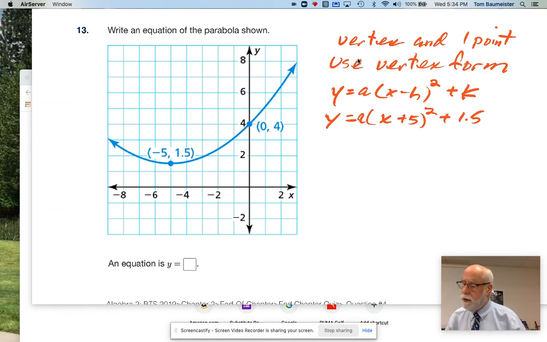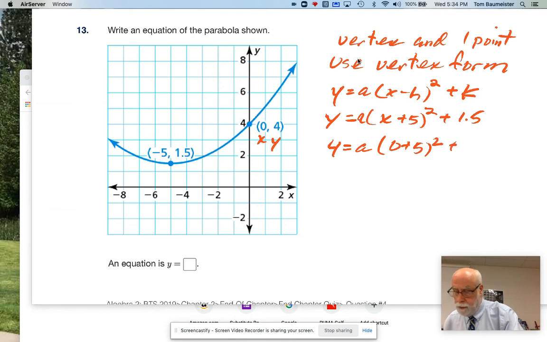Now we're going to have to solve for our a. So in this case here, they gave us the point 0 and 4. So there's my x, there's my y. So you're going to tell me that 4 is equal to a times 0 plus 5 squared plus 1.5. So now I'm going to subtract 1.5 from 4.